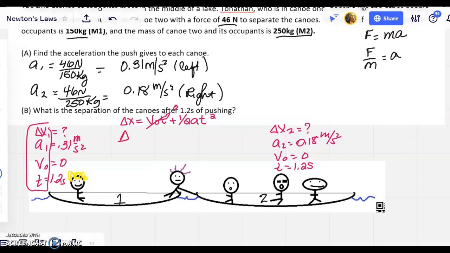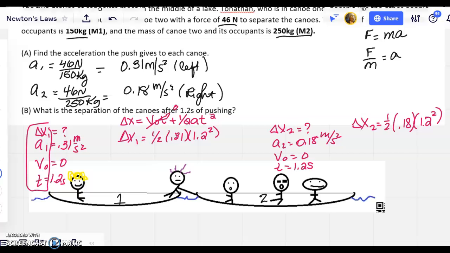So x1 is 1/2 times 0.31 times 1.2 squared, and x2 is 1/2 times 0.18 times 1.2 squared.